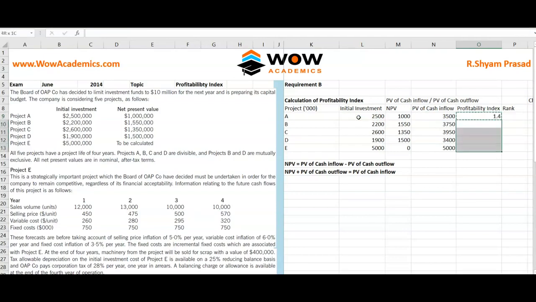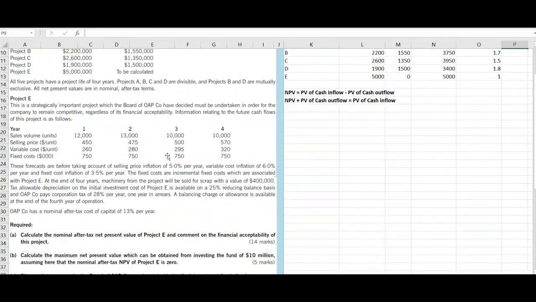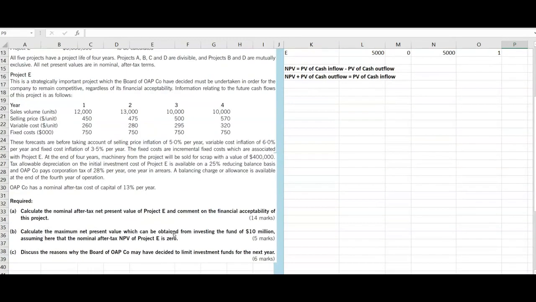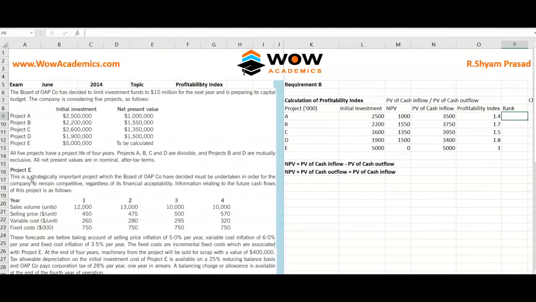So we got a profitability index. The next one is to rank. The higher the better. But here what happens is, E is strategically important, so that's what the question said. Assuming that project E is 0, and this is a strategically important project which the board have decided must be undertaken in order for the company to remain competitive.